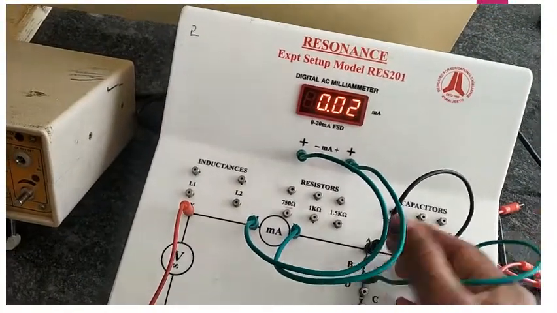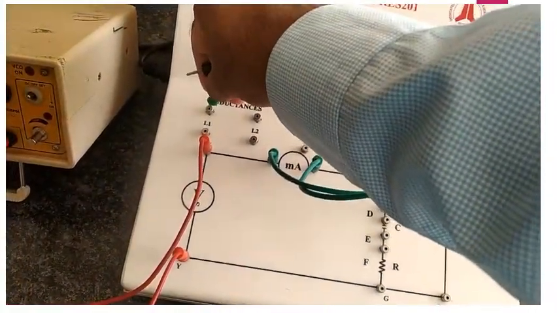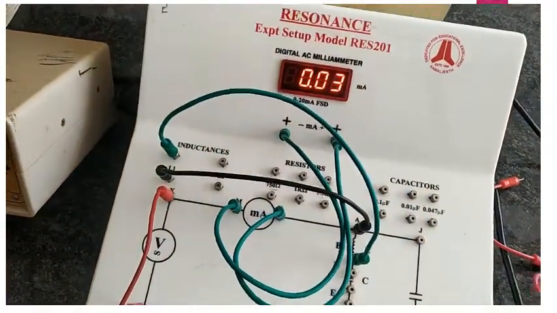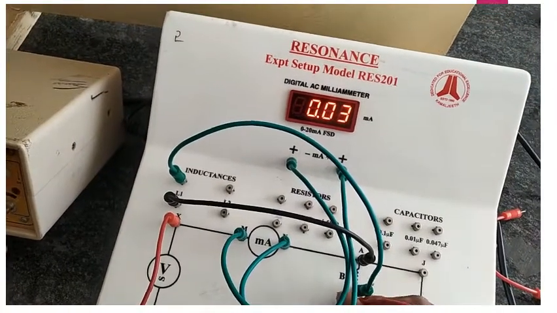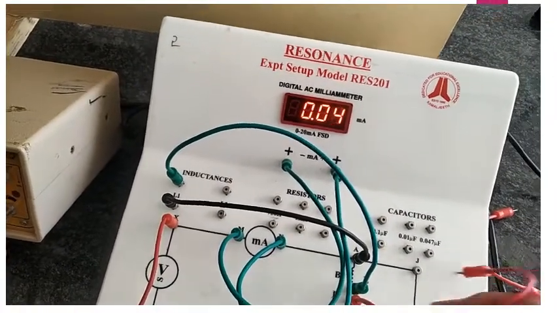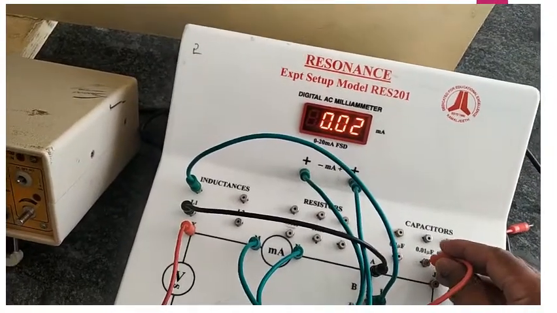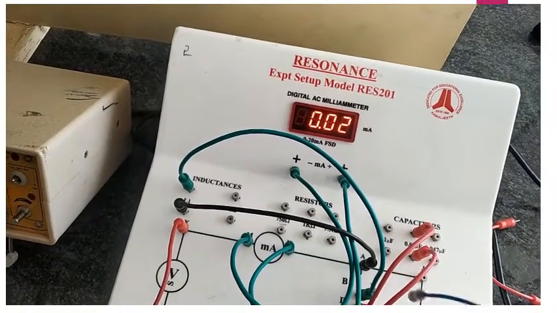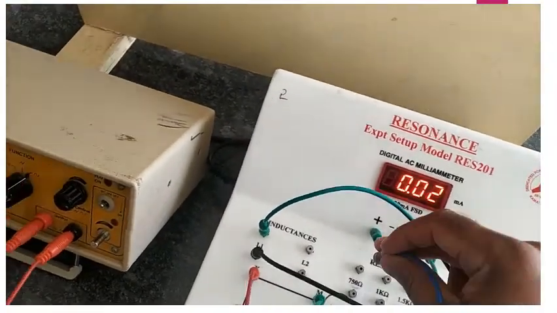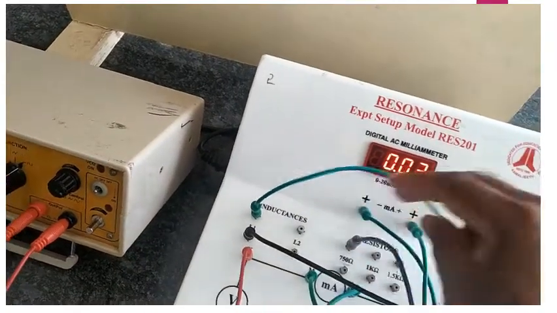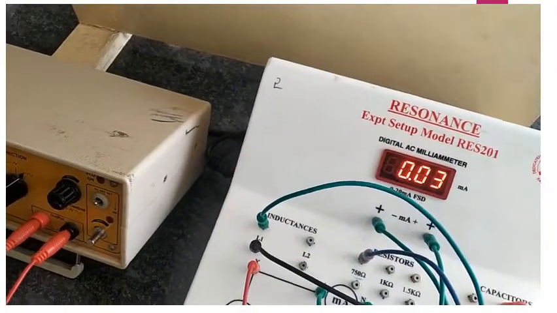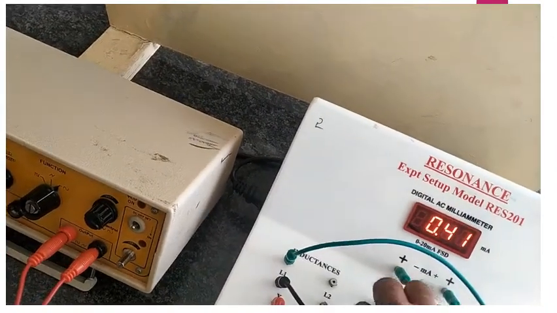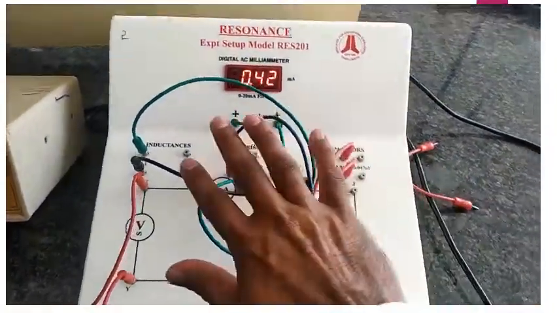I will use L1 as the inductor. I have to connect the inductor to this particular range. And next is the capacitor. The capacitor is here, and I have to connect the 0.01 microfarad capacitor. Next is the resistor. The resistor is here, 750 ohm. All the circuits are connected.